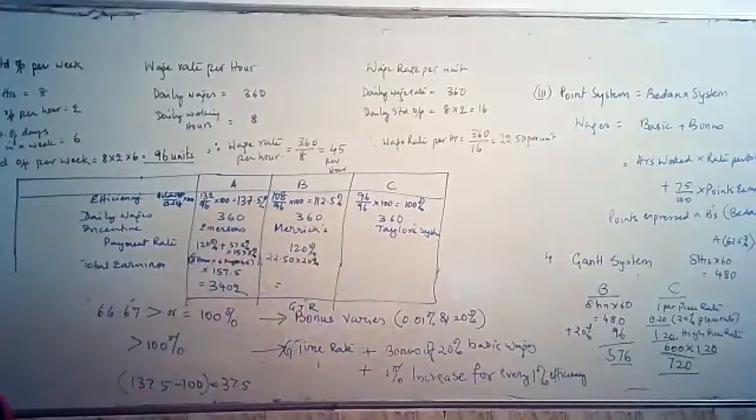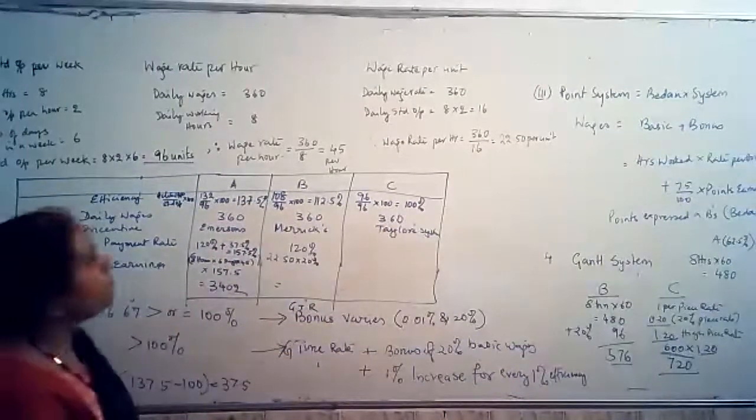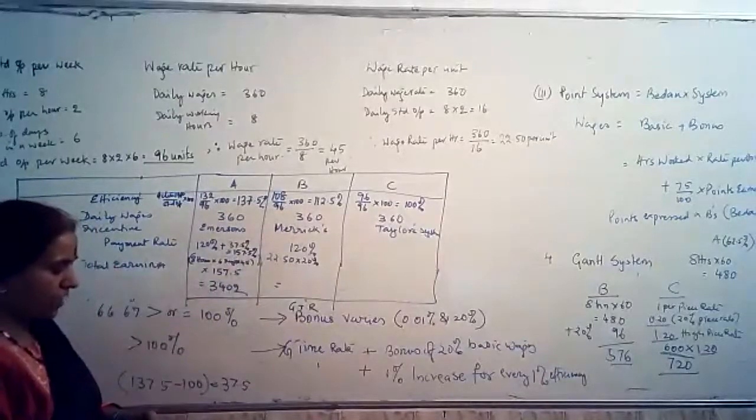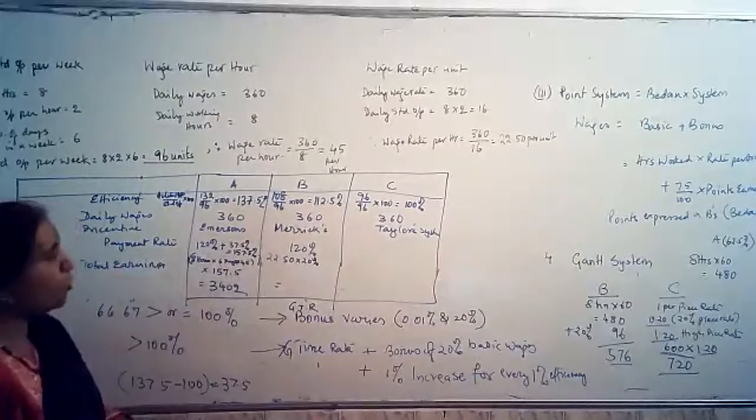So in the Merrick system, per unit, 22.5 into 20% is 4.5.